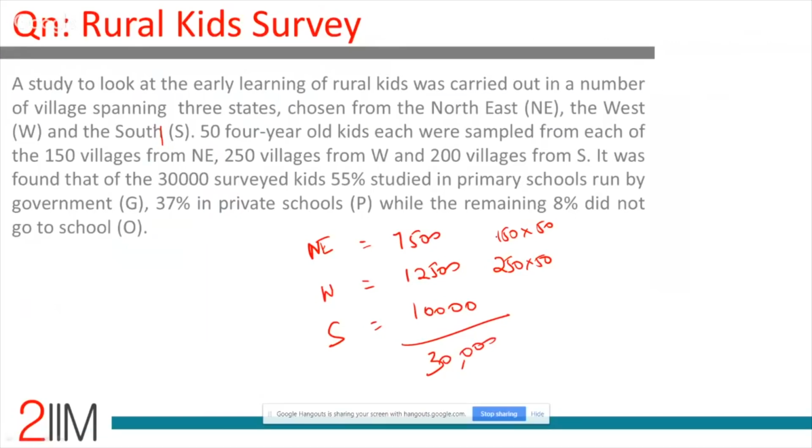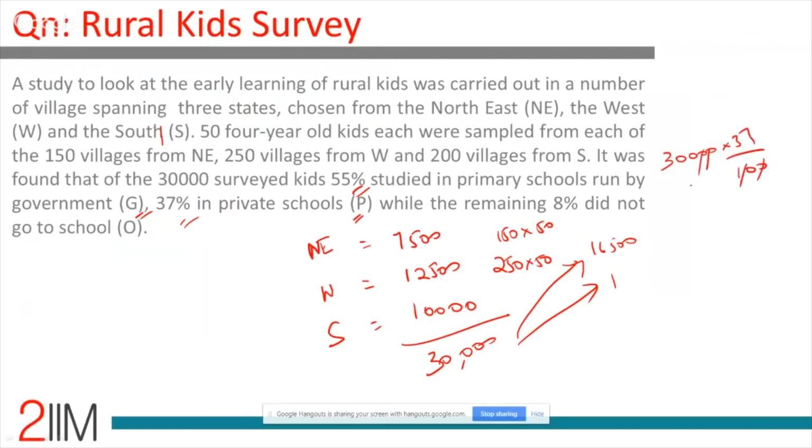It was found that of the 30,000 kids surveyed, 55% studied in primary schools run by the government, 37% in private schools, P, G, P, while the remaining 8% did not go to school. 55% of 30,000, so 16,500. 37% of 30,000, so 30,000 into 37 by 100.